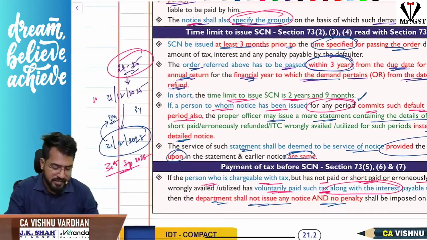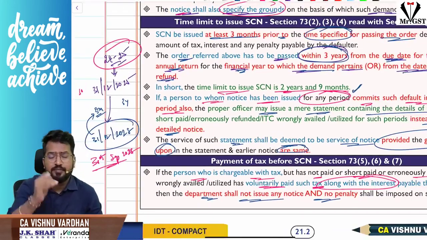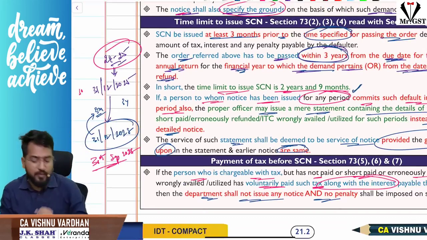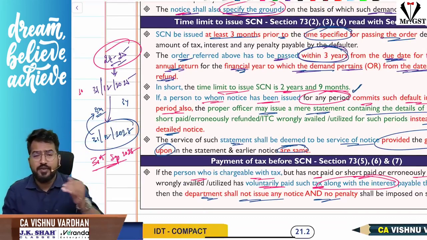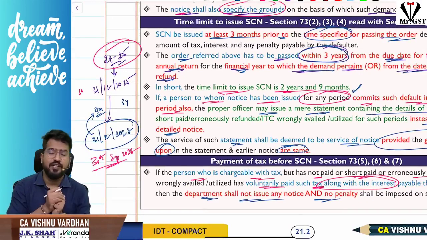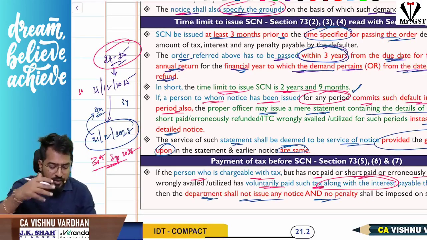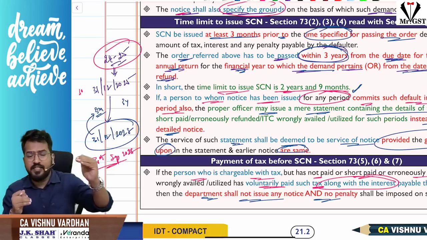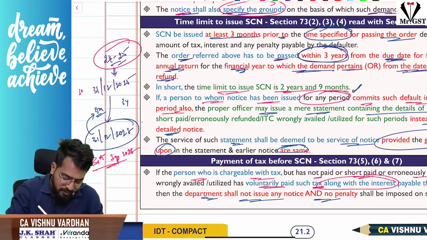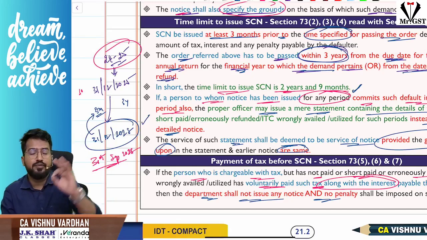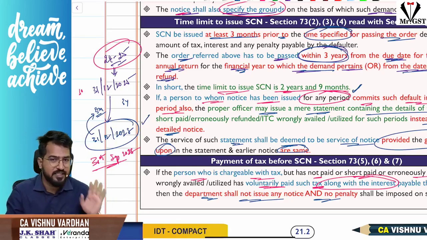Suppose this order is related to the 24-25 financial year. The due date for filing the annual return of 24-25 is 31st December 2025. So within 3 years, that is by 31st December 2028, you should pass any order under section 73.